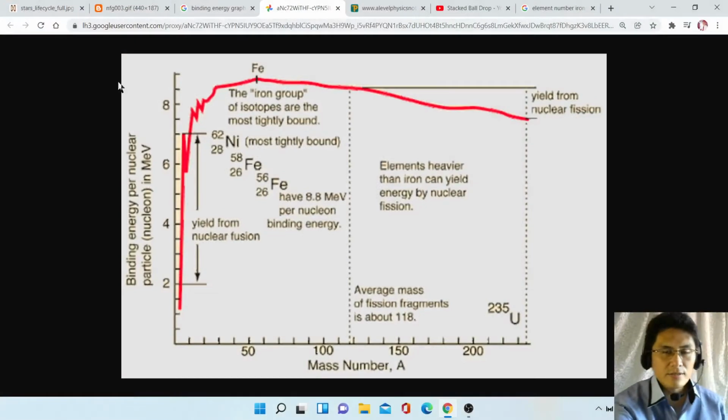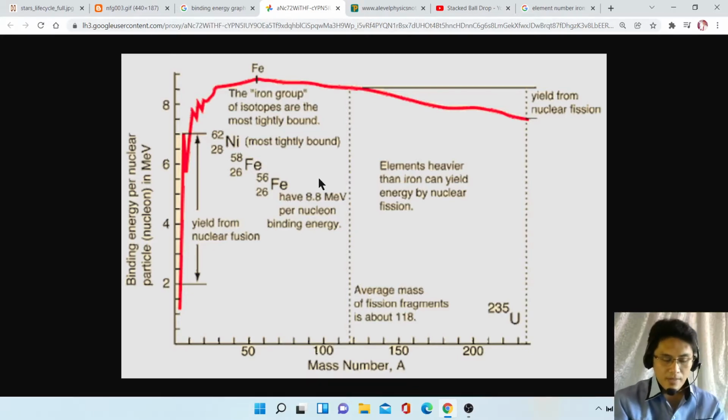So if you look at this, since iron is the most stable element, that means all the lower elements would actually want to become more stable to become iron. And if you look at the bigger elements like uranium, the bigger elements are actually less stable than iron.